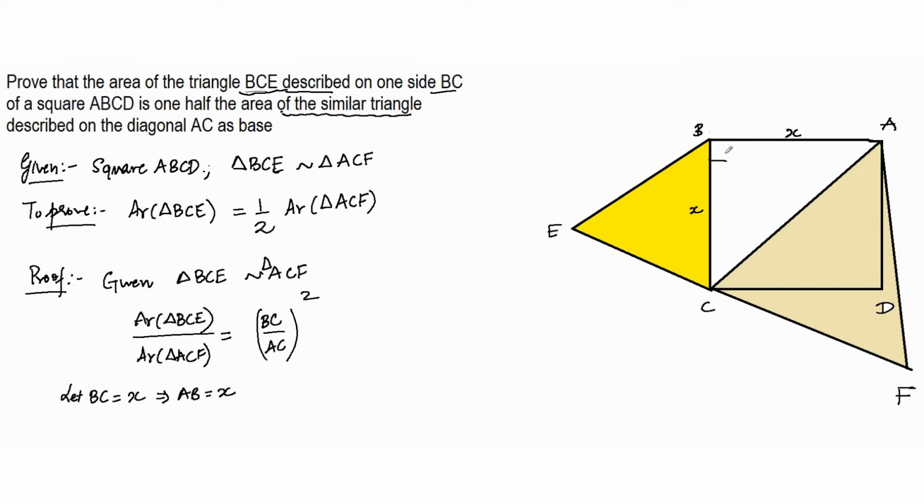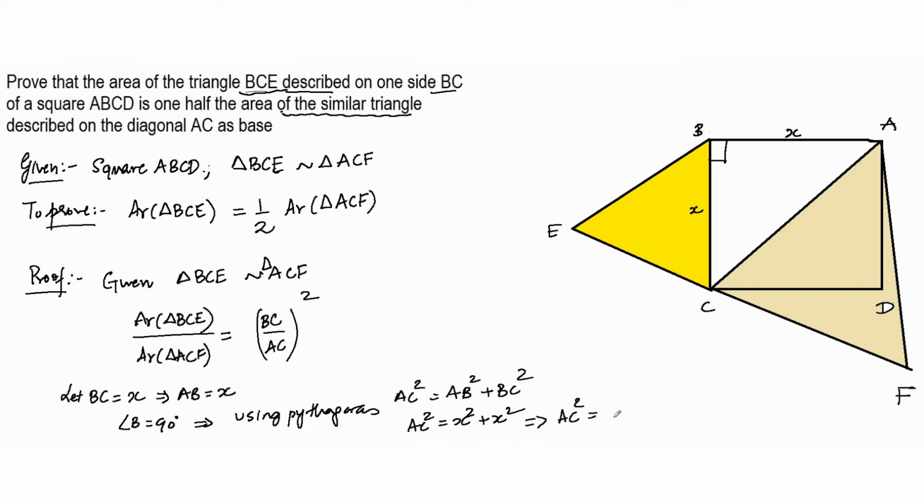And I also know that angle B is 90 degrees, which means that using Pythagoras, I can say that AC square is equal to AB square plus BC square, which equals x square plus x square. Therefore AC square is 2 times x square, and therefore AC is equal to square root of 2 times x.